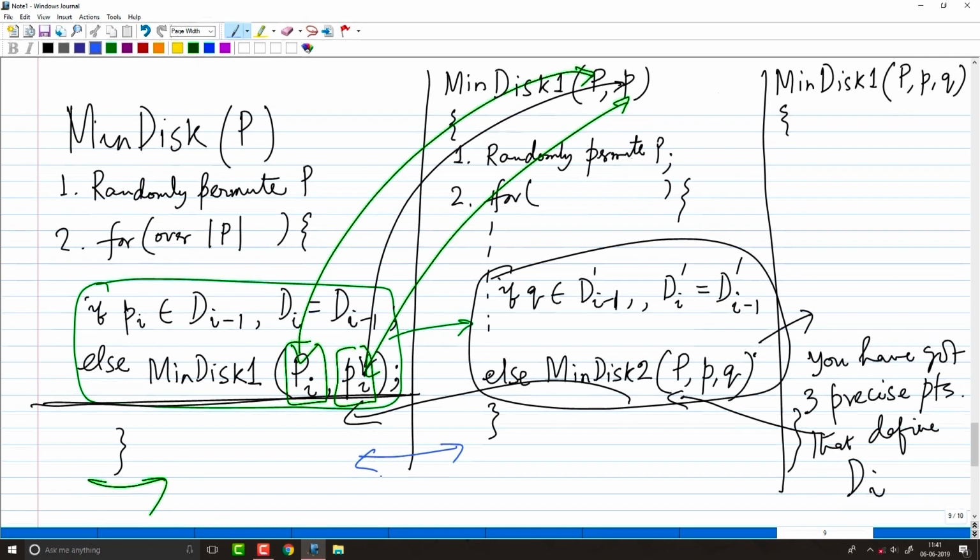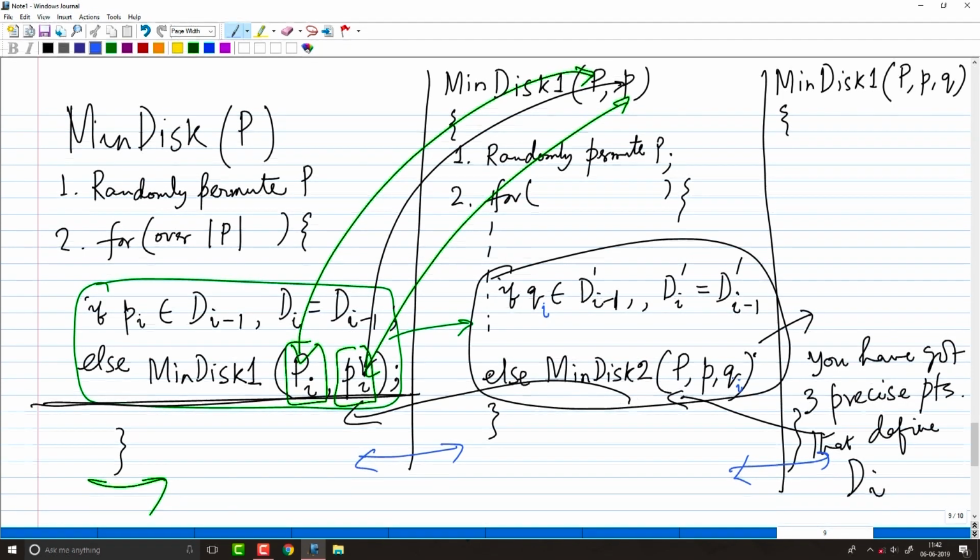So I am operating on the set capital Pi, and you have already agreed that the Di corresponding to Pi is defined only by 3 points. Of them small Pi is 1, let me write this as Qi, Qi is 1, and the other comes from the third invocation.